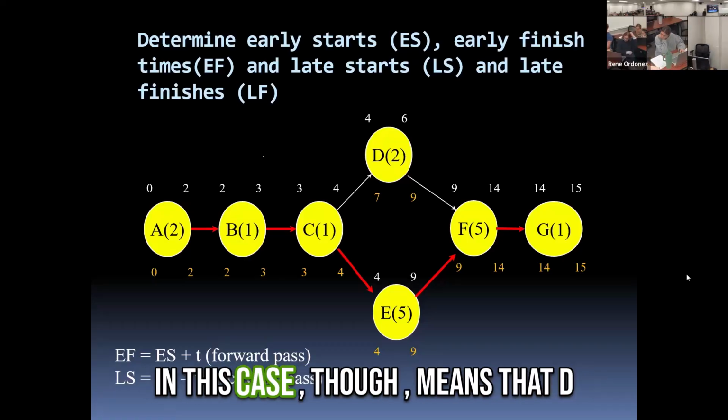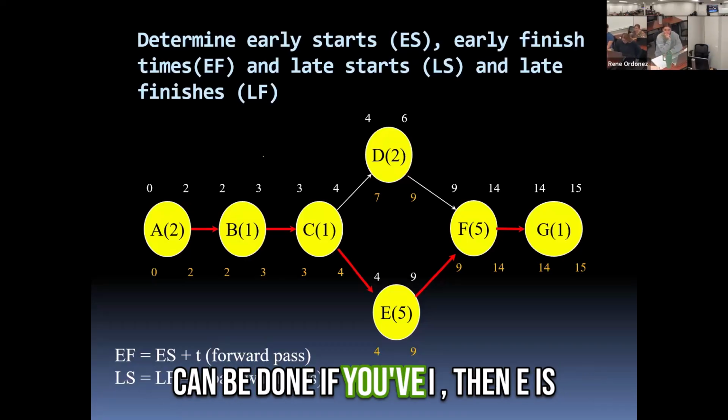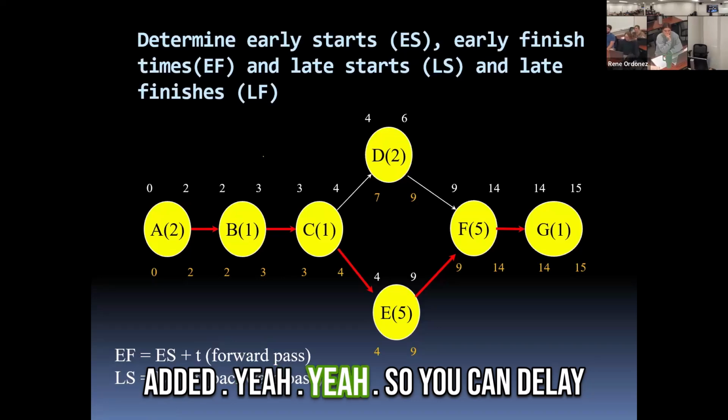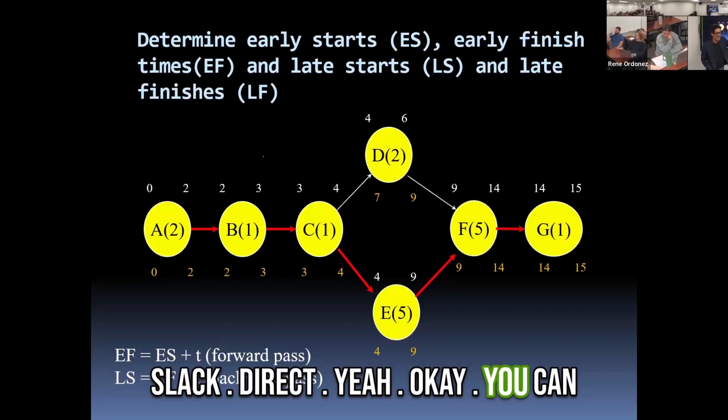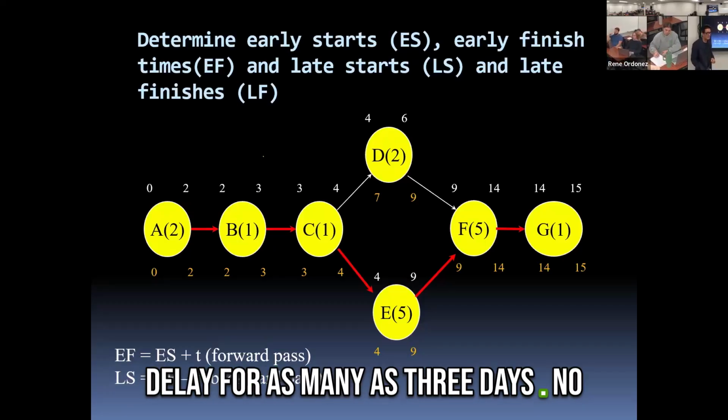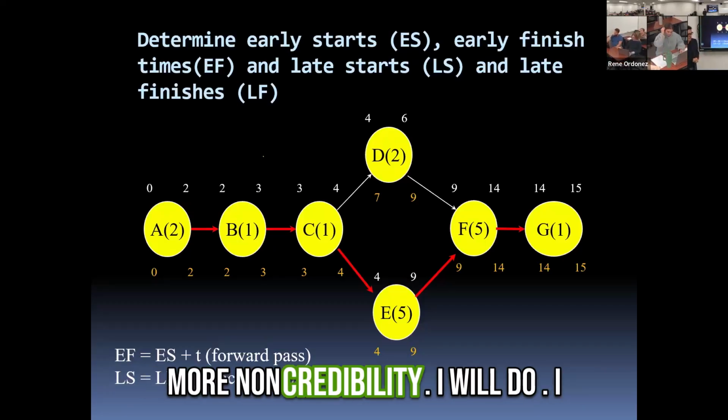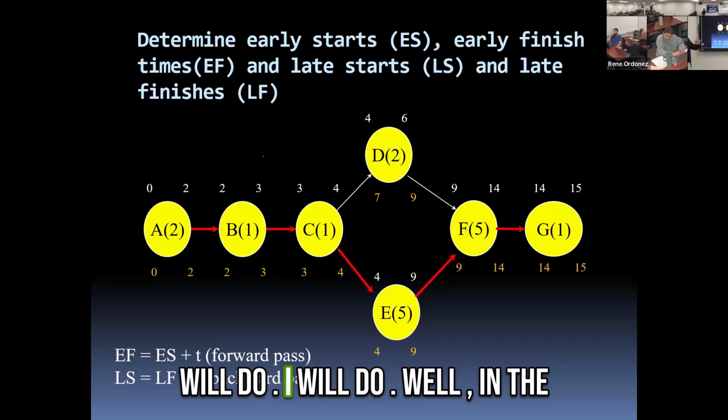Now, Slack in this case means that D can be done in the time that E is having. So you can delay D, because E has Slack. You can delay for as many as 3 days, no more. Non-critical. Yes.